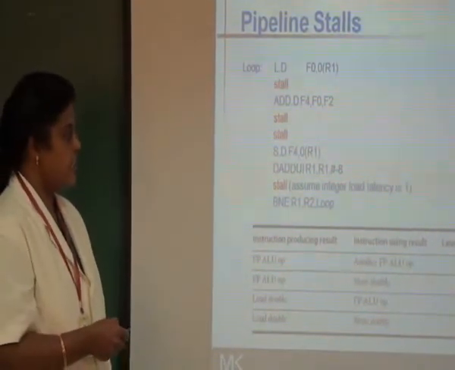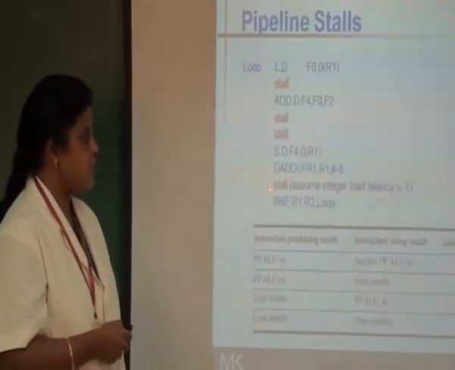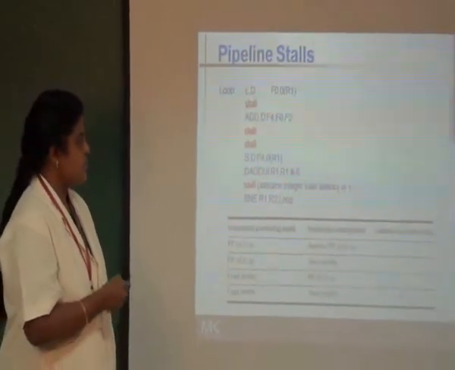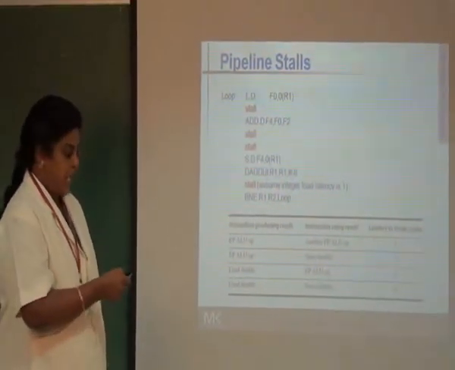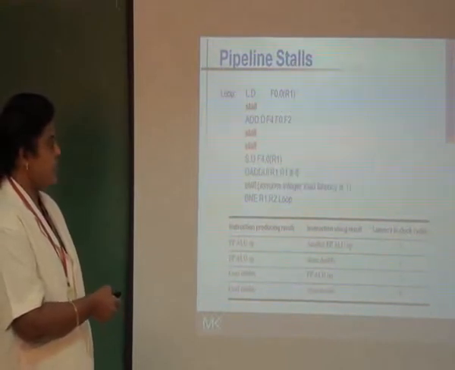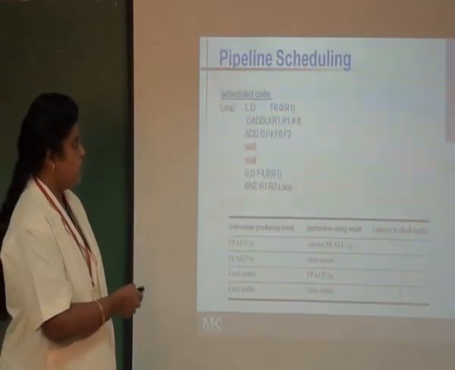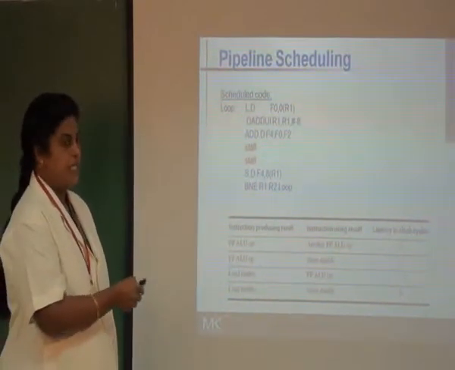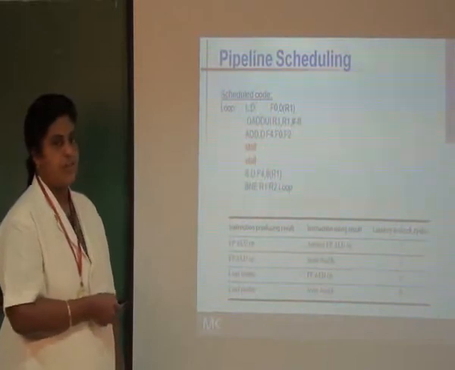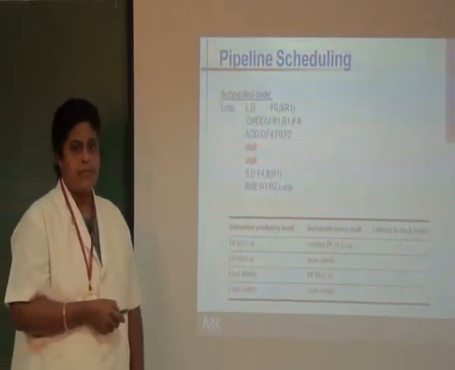Here one more integer load latency is taken to be equal to 1. This is the actual sequence of the program, and now we are reducing the number of stalls in the original program to 2 with the help of pipeline scheduling, by rearranging the program. So how do you rearrange the different instructions in the program?